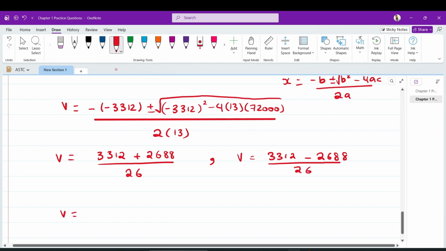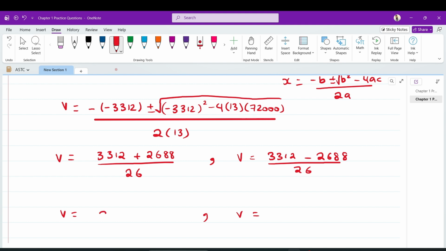Now plug everything in the calculator to give you the solution. So this will be 3312 plus 2688 over 26. So that will be 230.769, and on the other hand, this gives us exactly 24 meters per second.